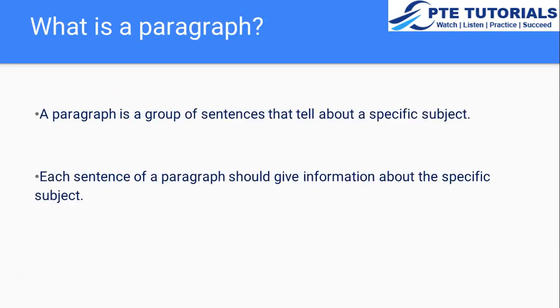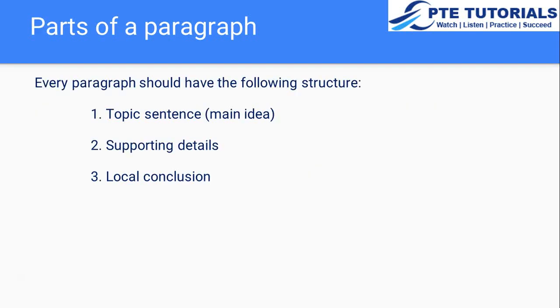So what exactly is a paragraph? A paragraph is a group of sentences that tell about a specific subject. Essentially, it has one thought, and those sentences contribute towards that single thought. The parts of a paragraph are generally categorized as such.